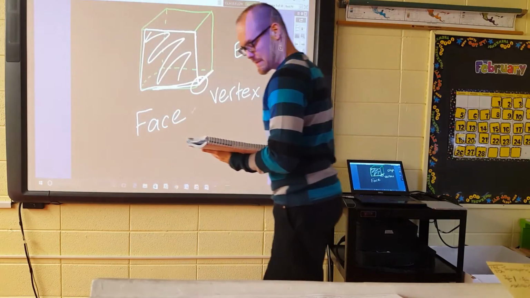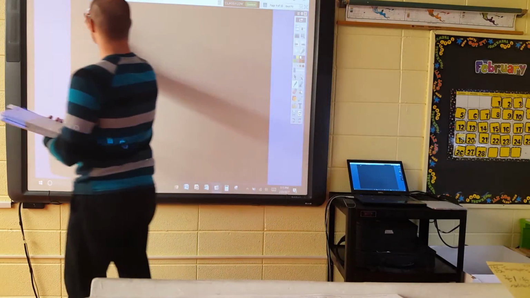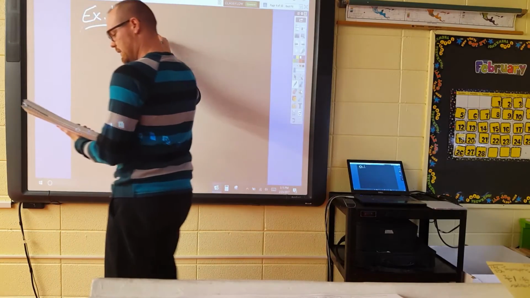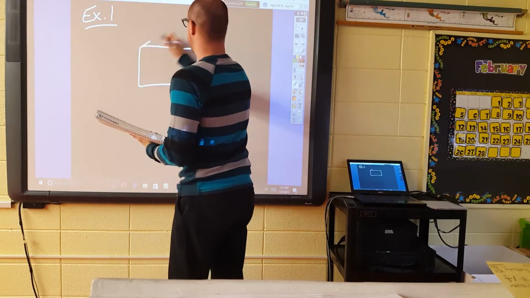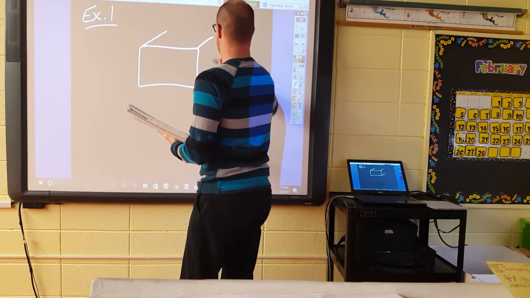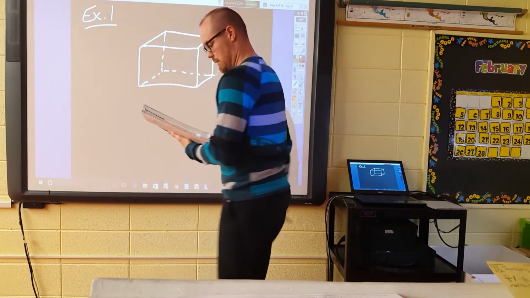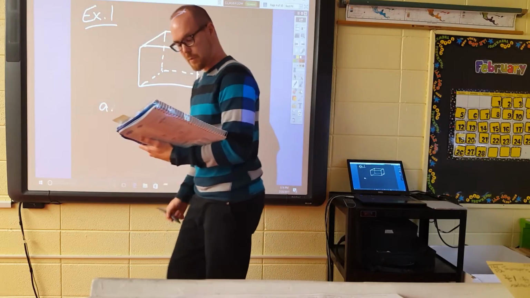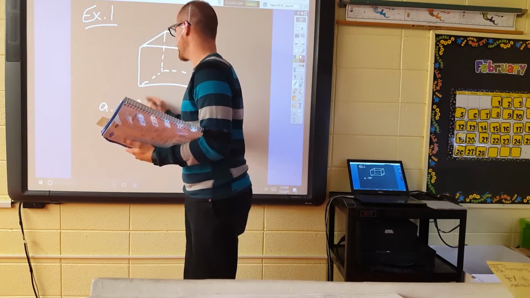Okay, let's look at example number one. It gives us a rectangular face. Okay, and it says name the shape at the right. This particular shape is named a rectangular solid or a rectangular prism.